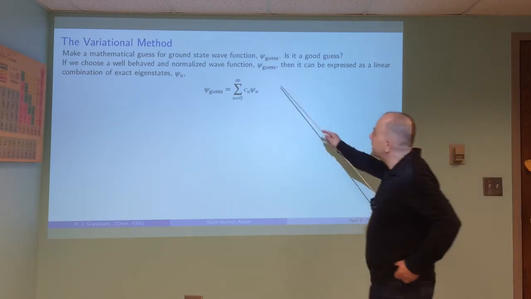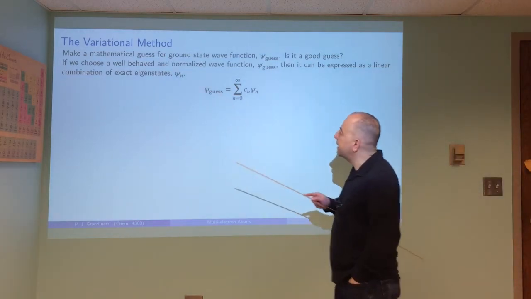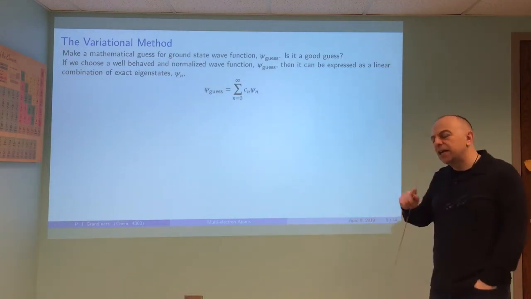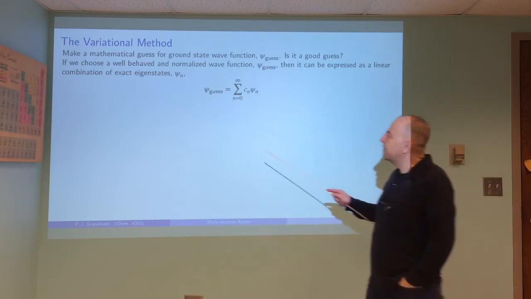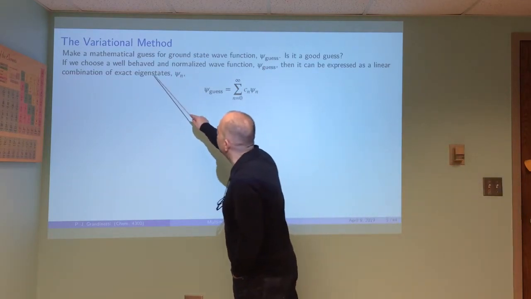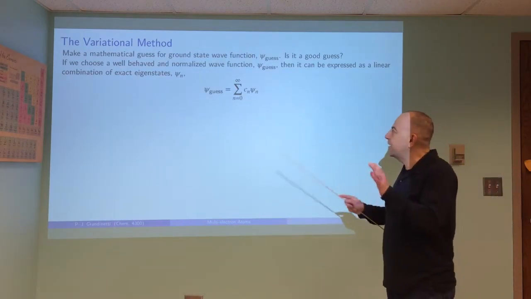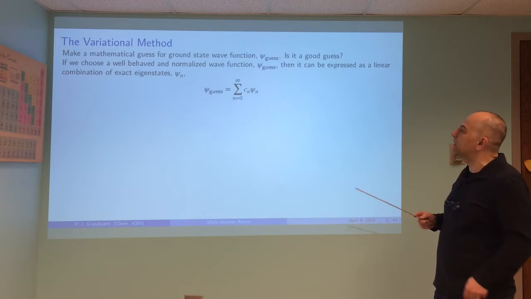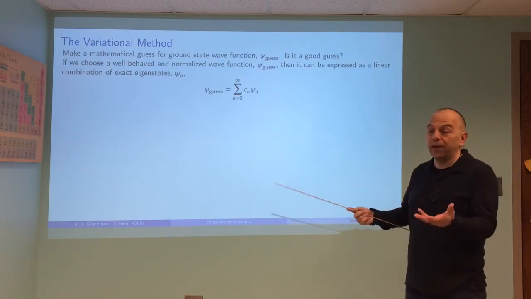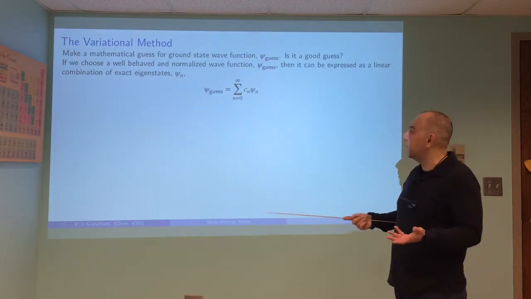If I take my guess, it's a good guess in the sense that I've done a good job, and that it's a normalized function, it's well behaved, it doesn't have any of the things that would make it a bad wave function, but we just don't know if it's the right wave function, or how close it is to the right wave function.